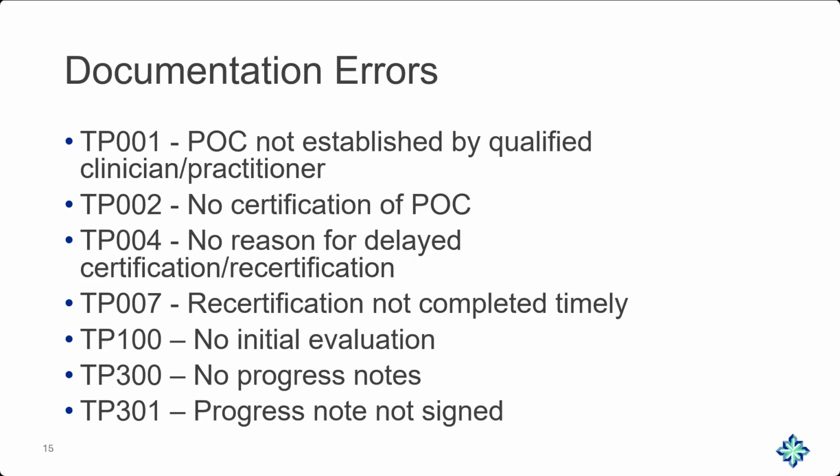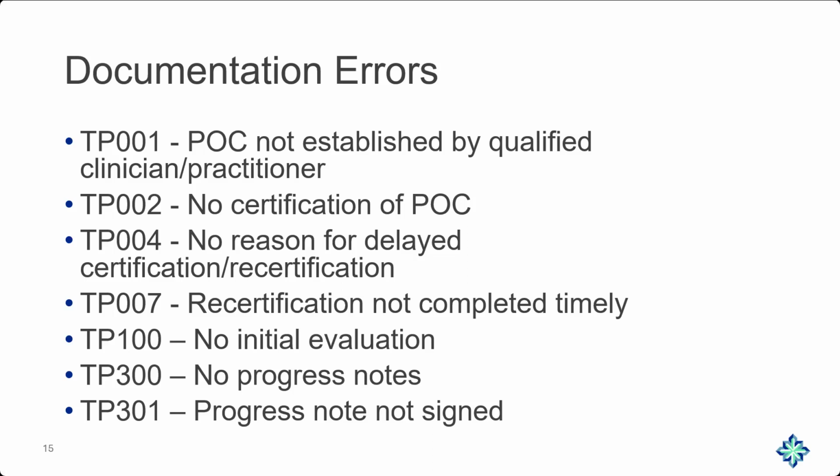So medical review denial codes, those can be appealed. If you believe that the service was medically reasonable and necessary, and you have the additional documentation to support that medical necessity, in this case, you would just then follow the appeals guidelines that are listed on the appeals section of our website.